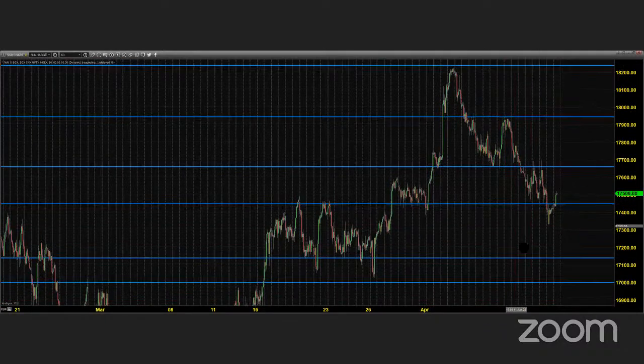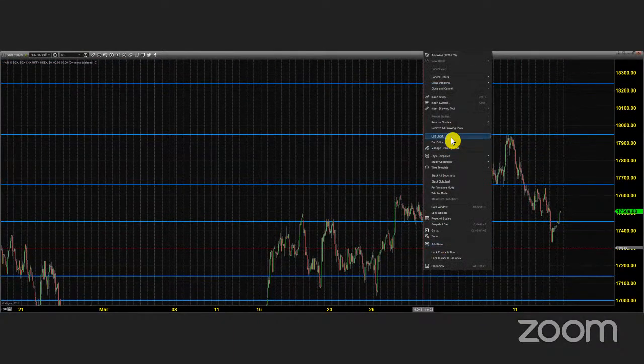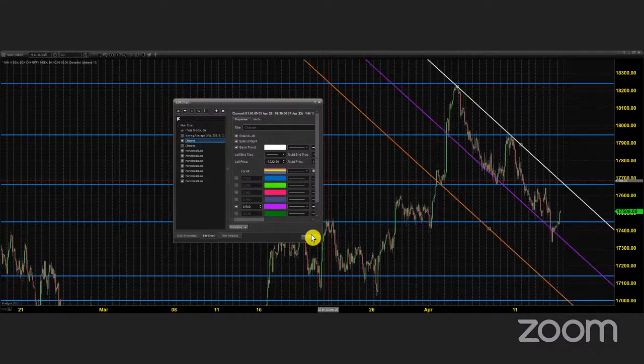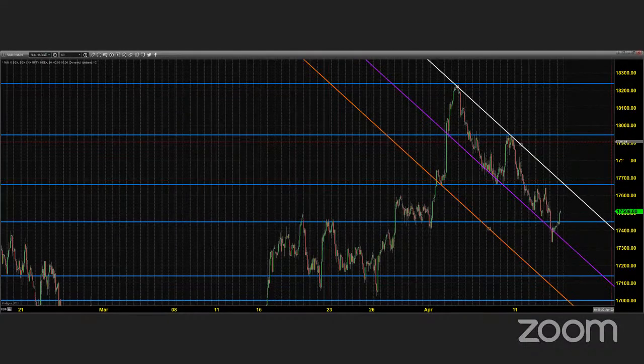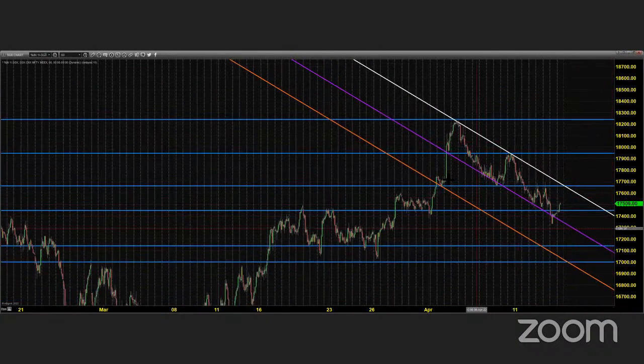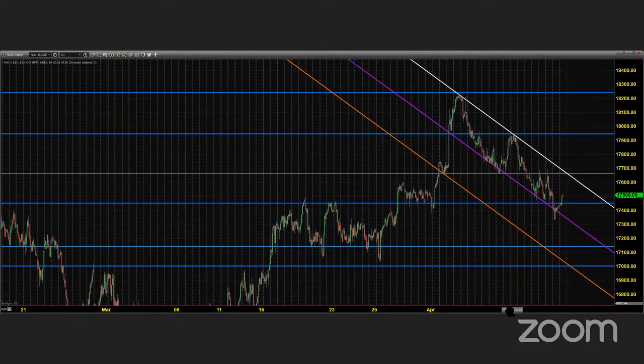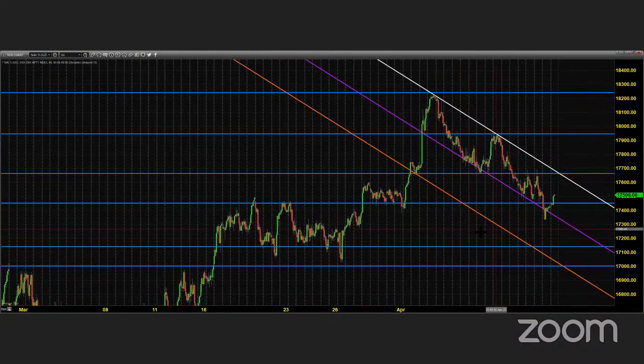In order to get these possible outcomes, normally we can use a trend channel. Trend channels are very effective tools, and I have drawn this trend channel earlier, and I'm just adding it. If you want to draw it yourself, you need to spend a lot of time to understand. You need to mix various trend channels and find the right combination.